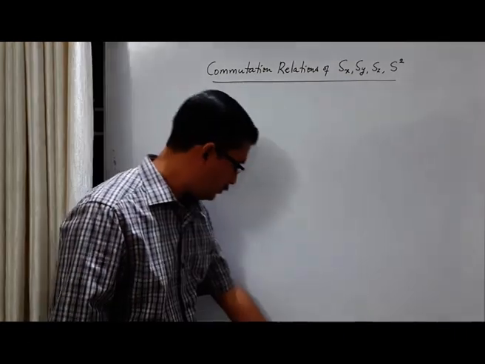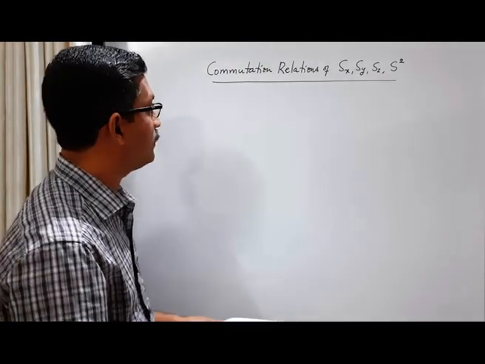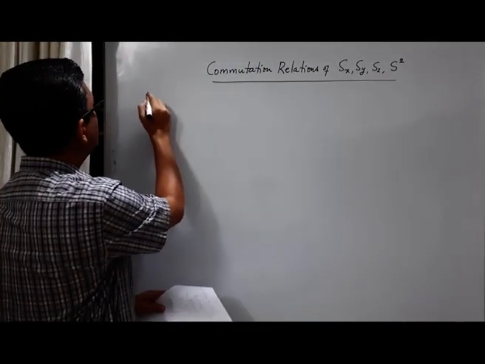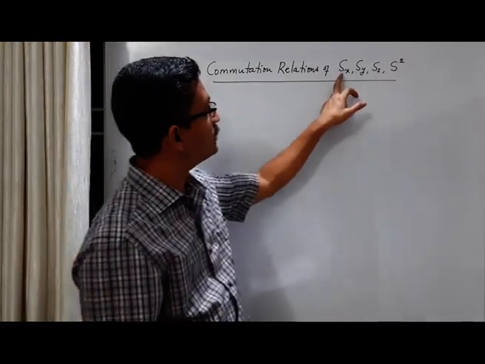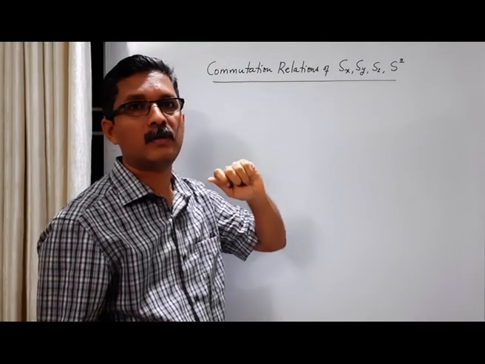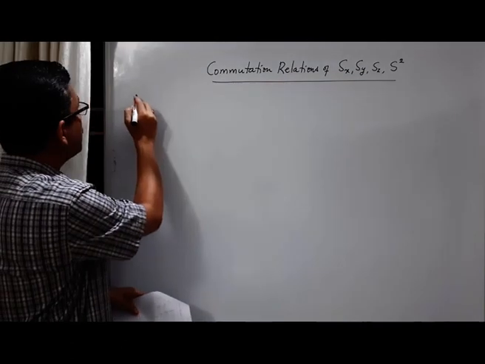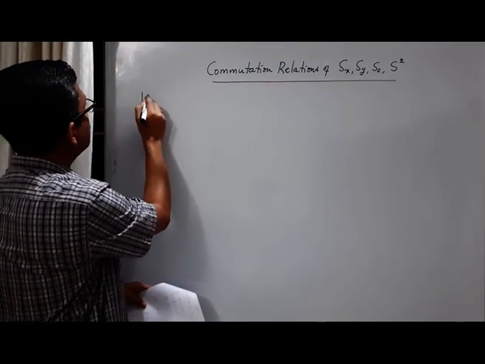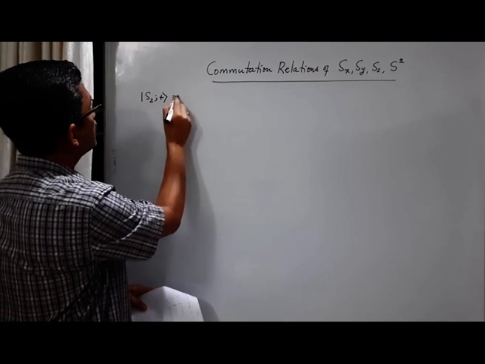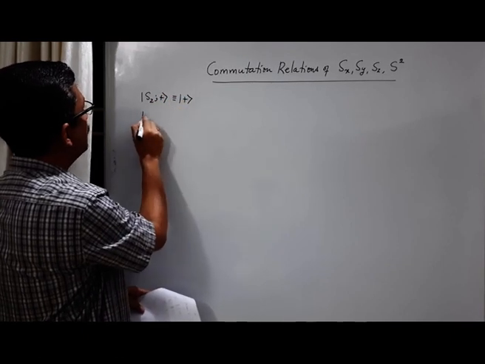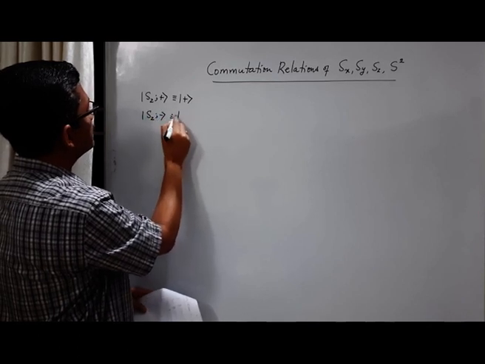Okay. So I will quote some results from the previous classes. In the previous classes, we have expressed Sx, Sy and Sz in terms of the eigenkets of the Sz operator. We have used this type of notation. For Sz plus, we have used simply ket plus, and for Sz minus, we have used ket minus.